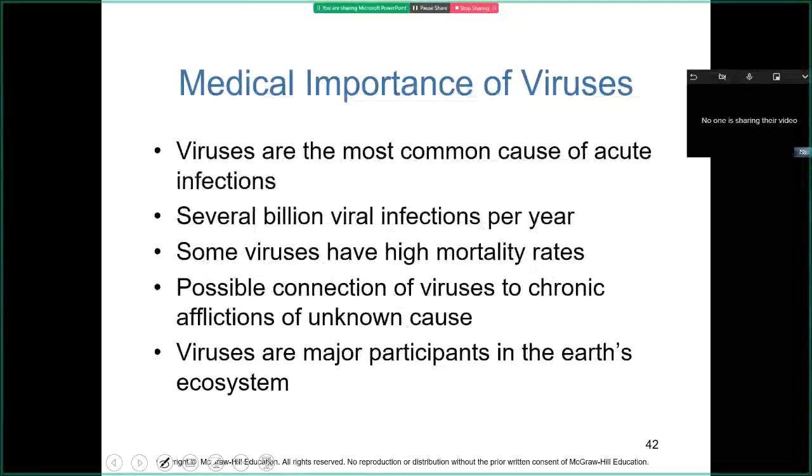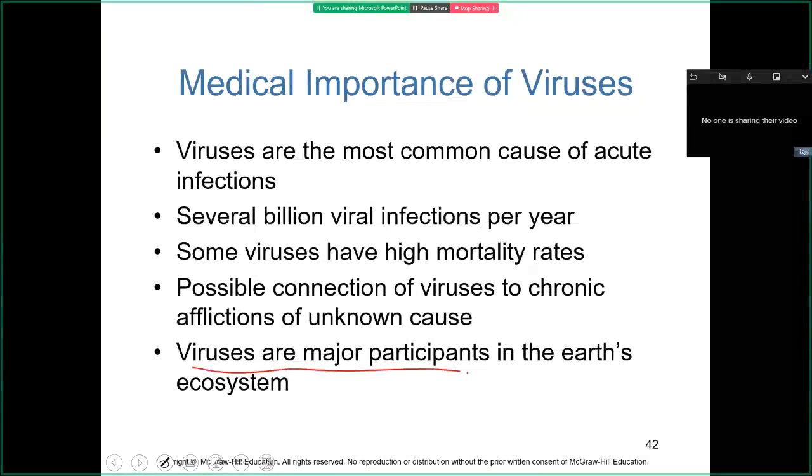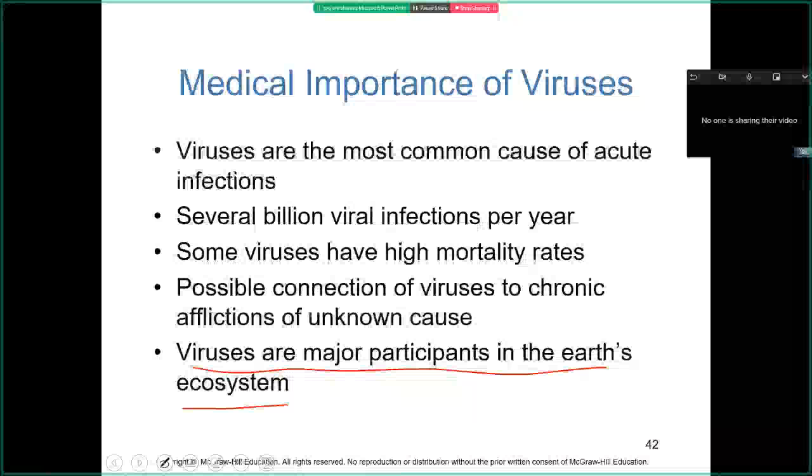And this is something that has happened in our past, and it's something that will continue to happen. And it's true that virtually all other organisms have dealt with these sorts of things. So this last statement here is valid, and I think most scientists would agree that viruses are major participants in the Earth's ecosystem.